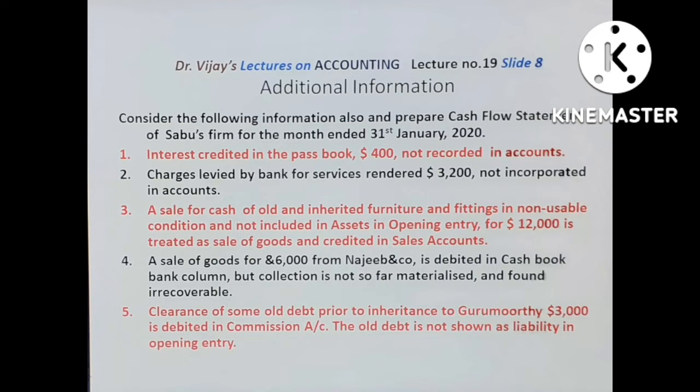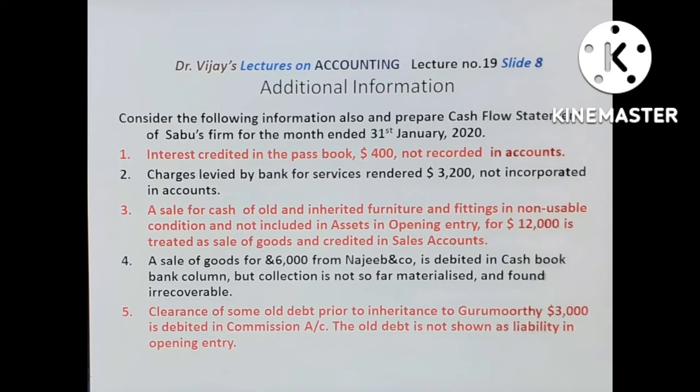Rectification of some of the items given necessitated changes in bank balance as per cash book. Such changes in bank balance are not there in the cash book which you have seen. It is there only in the extended cash book, which is shown in slide 9.